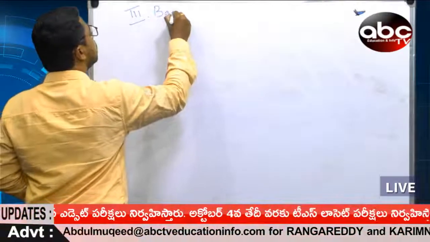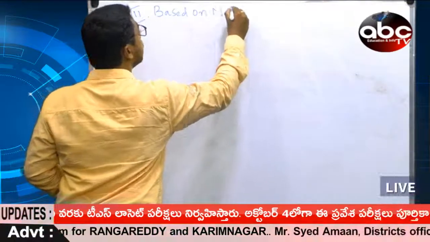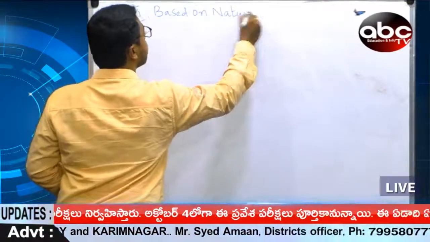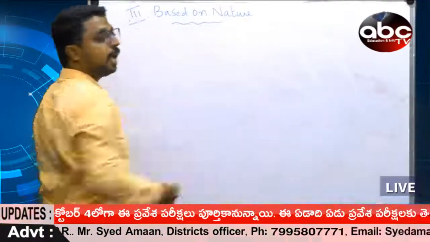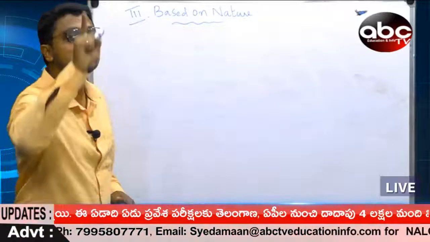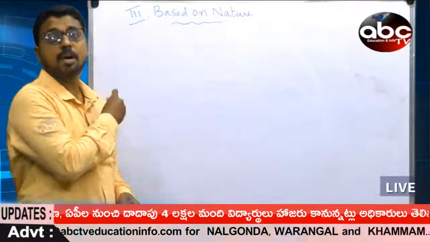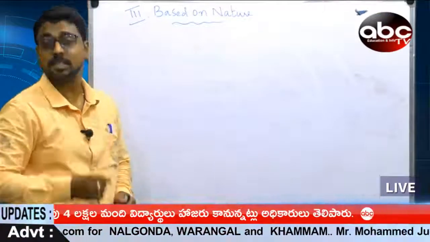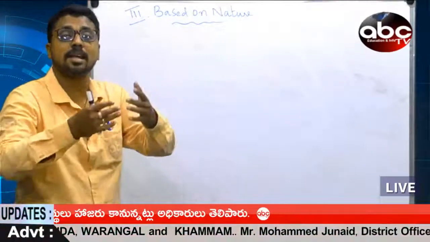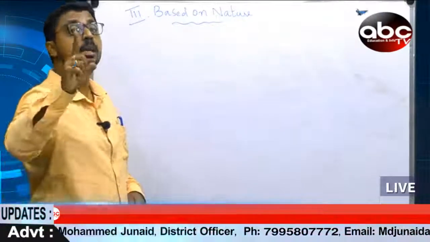We would like to go on to the third type of classification, based on nature. Listen, my dear friends, this is a typical classification. How can you understand the difference? Here we have only two types of images, but those are typical.